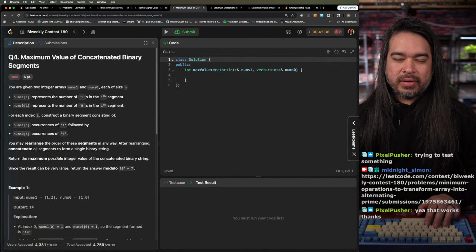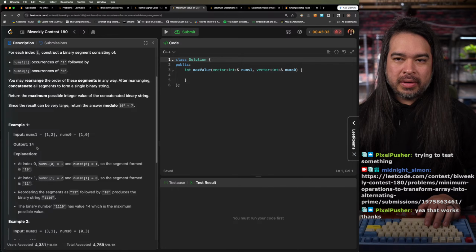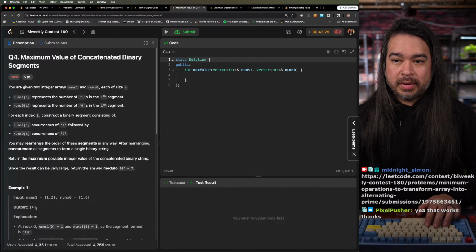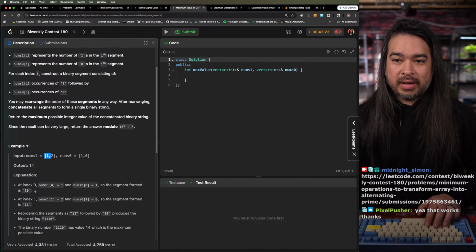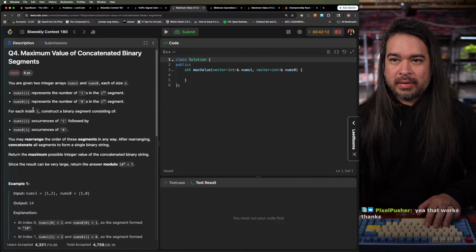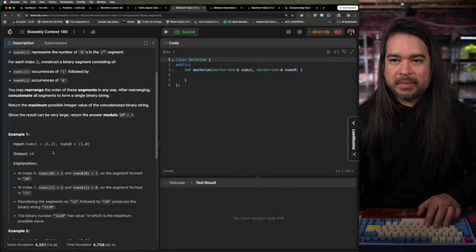What? I don't understand what they're saying, but nums1, num0. So this is saying at index 0, what? For each index i, construct a binary segment with nums1[i] occurrences of 1. Okay, I see.